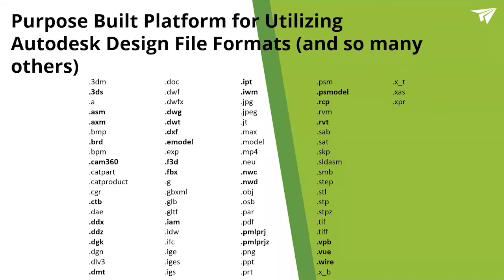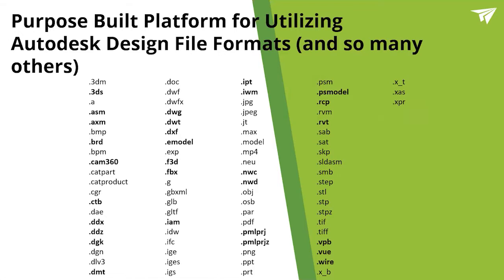But as you can see here on the screen, there are so many other different file types that can be leveraged within the Autodesk Construction Cloud. So right here, I went to the Autodesk Knowledge Network and basically did a Google search for Autodesk Construction Cloud supported file types. And this was the list that was provided to me.